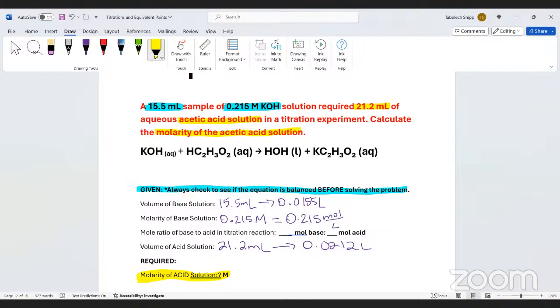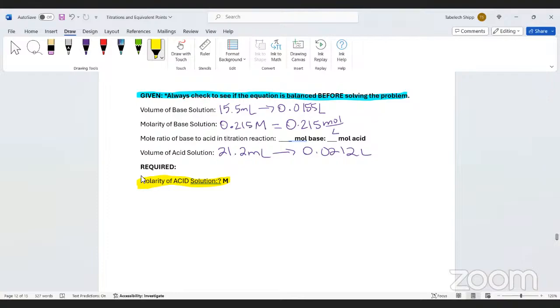So since those 2 go together right here, you know what we're going to do now? We're going to actually start those 2 numbers together in this first step. So right here, the volume of the base was given and the molarity of the base was given. So what we're going to do is start with the volume.